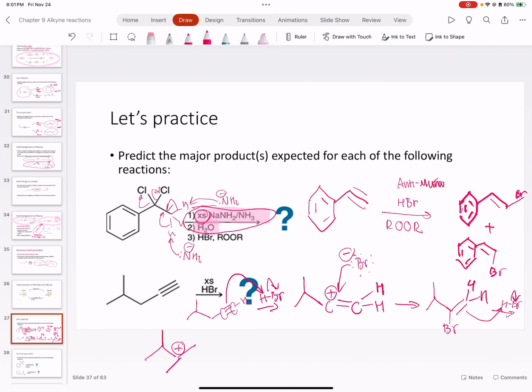Then I'll get Br in here. I get a positive on one side, and then my hydrogen is added to the side that's more substituted. Then I have a hanging Br- that can do a nucleophilic attack. So then my final answer will have to be something like this.